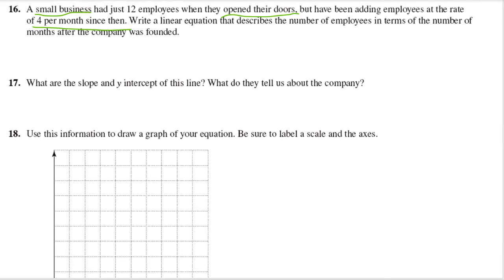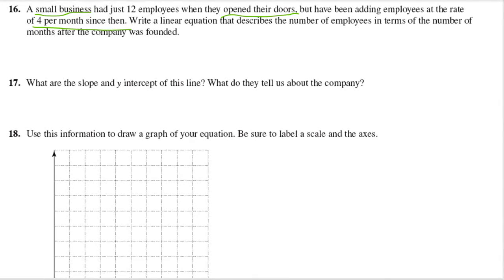So 4 per month means every month there are 4 more employees. So that gives us an idea that we know what we start with. We know how much it changes every month. So we now know that months is going to be the independent variable, or what we'd normally call the x.